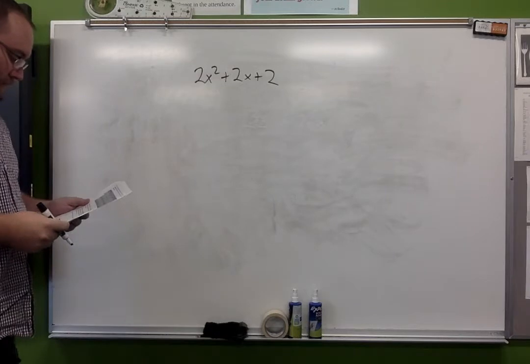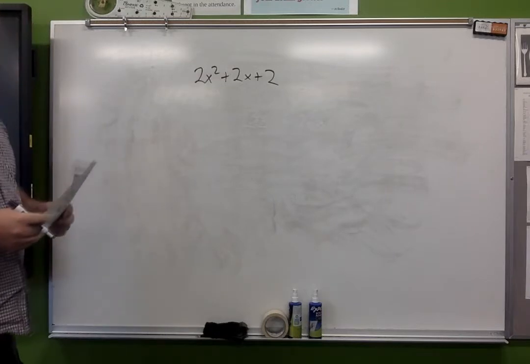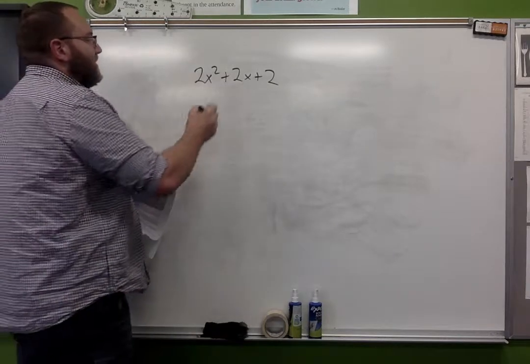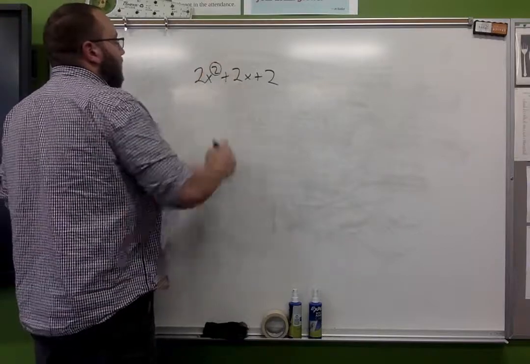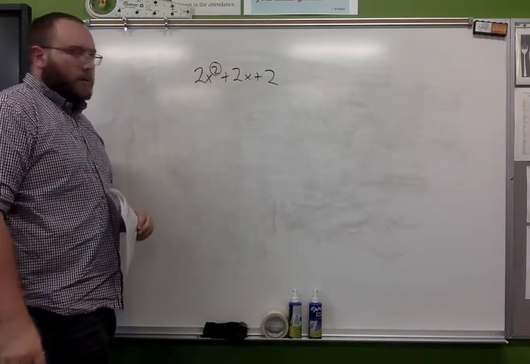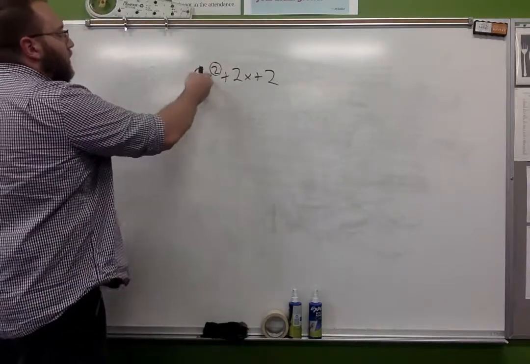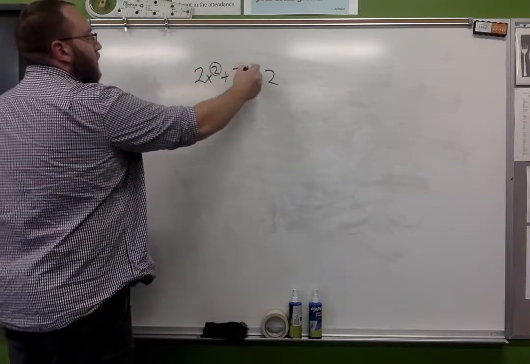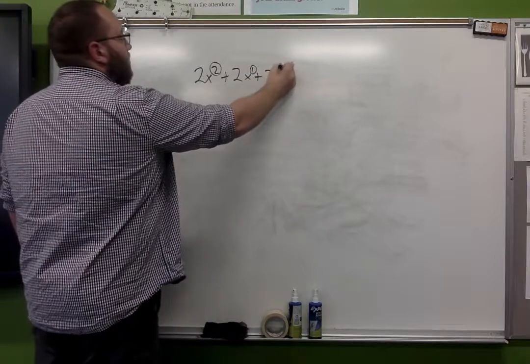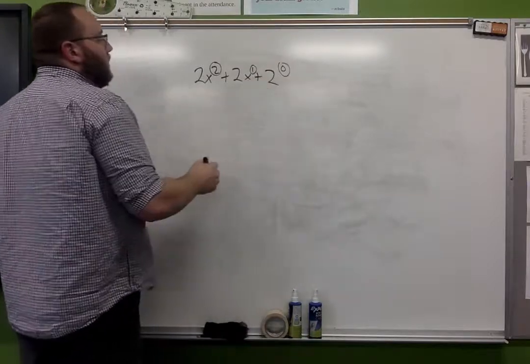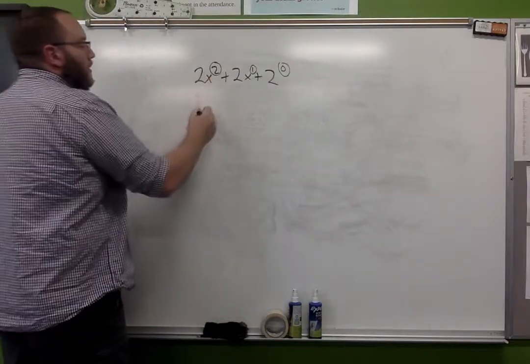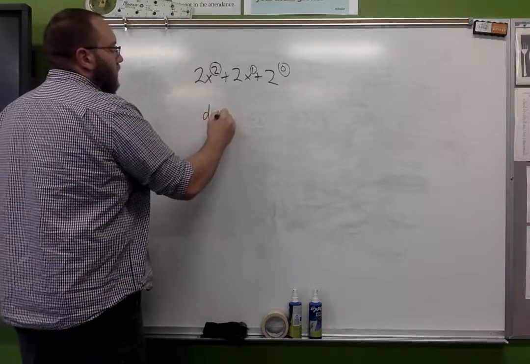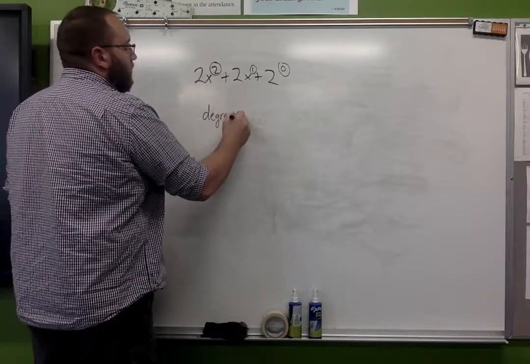The degree of a polynomial is the largest exponent that's found in the polynomial. So for example, here the largest exponent is 2. Now remember, here there's technically an exponent of 1, and here there's no exponent, so it would be 0. The largest exponent is a 2, so the degree of this polynomial is 2.